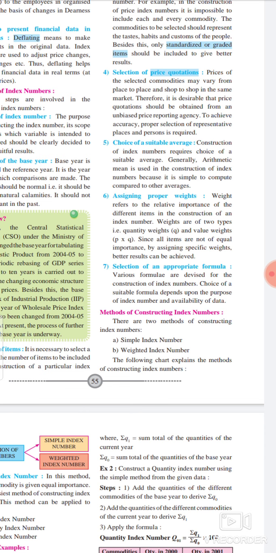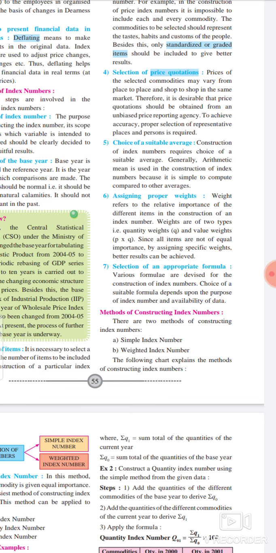To achieve accuracy, proper selection of representative places and persons is required. In the selection of the price quotation, the main requirement is great accuracy and the achievement of the goals, so proper selection of representative places as well as persons is needed.